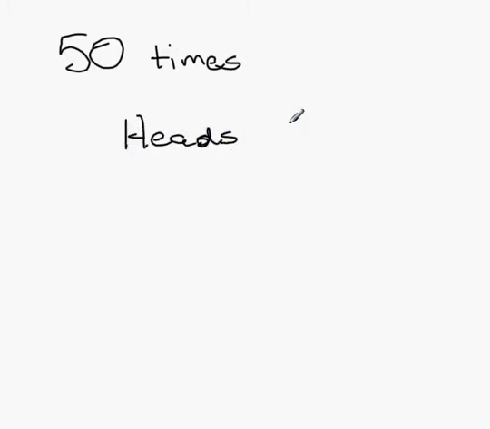Here's a very simple number story for a ratio problem. Let's say that you flip a coin 50 times, and that coin lands heads for every 1 out of every 2 times. How many times does it land heads up?